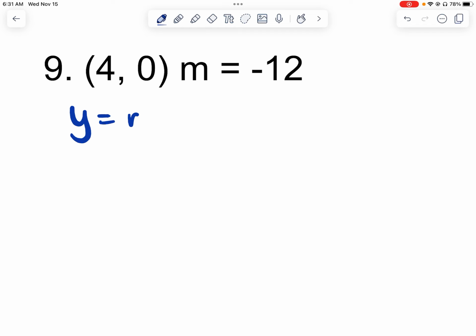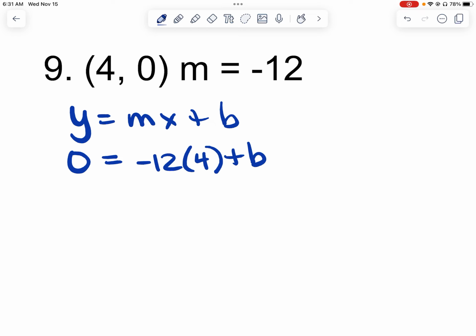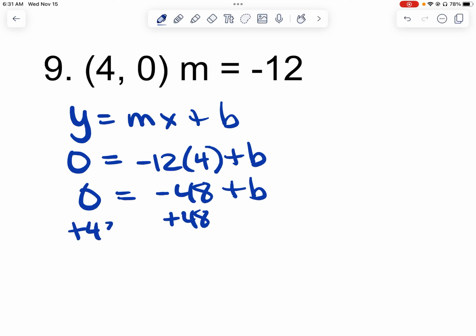Y equals mx plus b. Replace the y, replace the m, replace the x, plus b. 0 equals negative 48 plus b. So I add 48 to both sides, and I get 48 equals b.